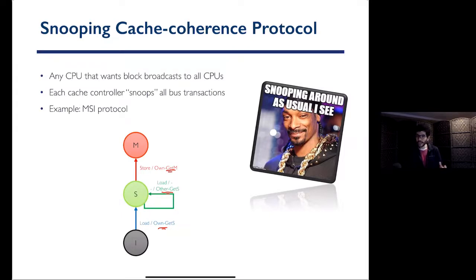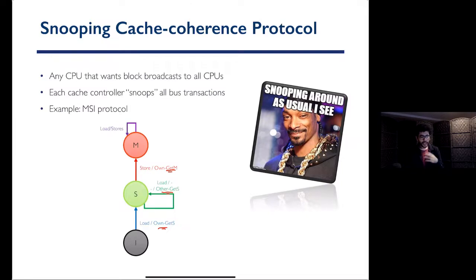Let's assume that you receive an acknowledgement that now you have it. You then change the state from shared to modified. At this point, as long as you issue loads and stores, you don't need to do anything because you have access to this in a modified state. You can read and write from it.